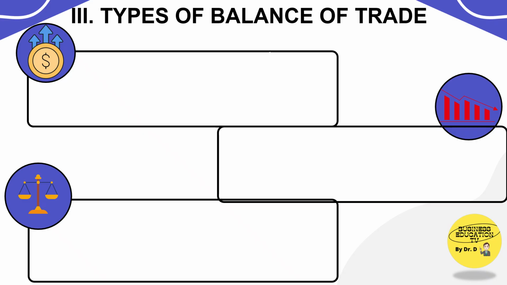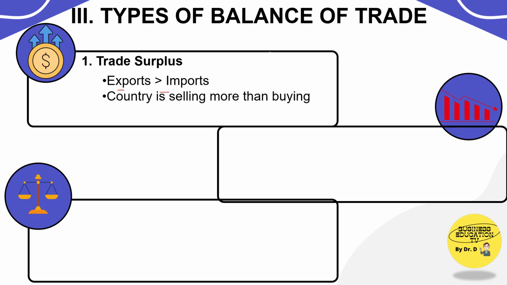Actually, there are types of balance of trade. First is what we call a trade surplus, wherein exports are greater than imports. This is where the country is selling more than buying, and of course this is positive for the economy.